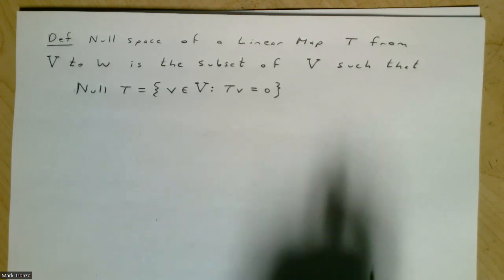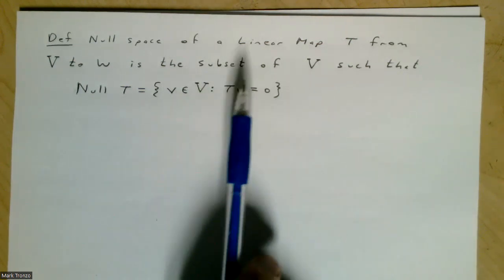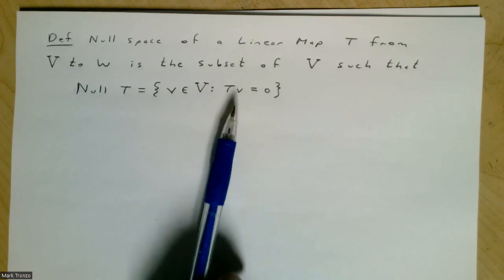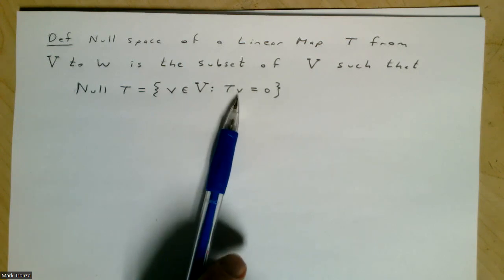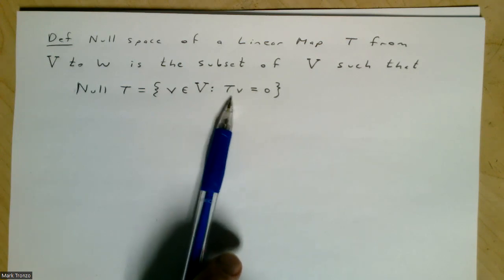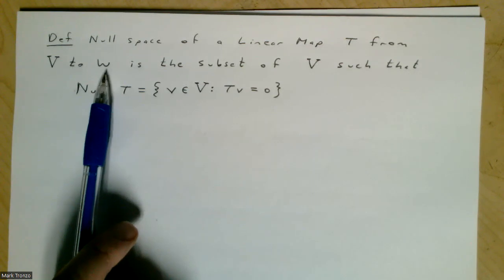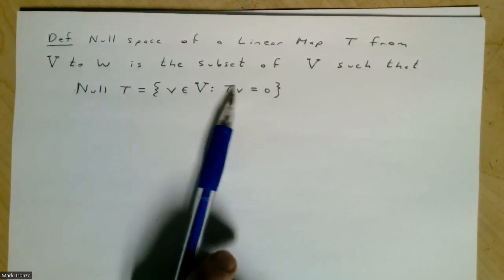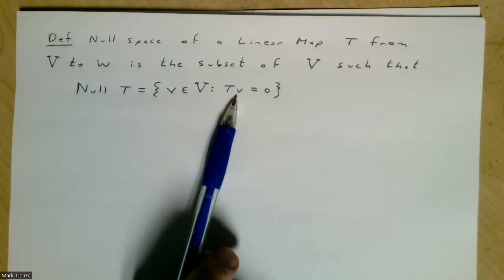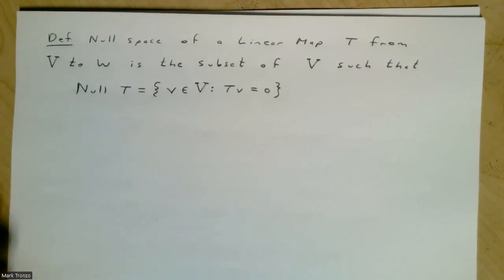Now notice it says here that these values are a subset of V because we're considering these values that we're putting into the transformation to produce 0. And they're producing 0 over here in W, but we're interested in what vector caused that.